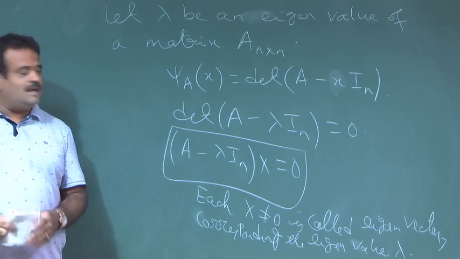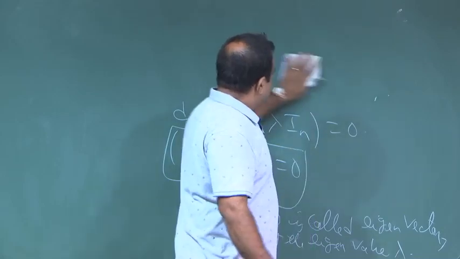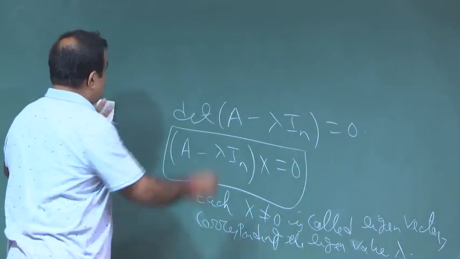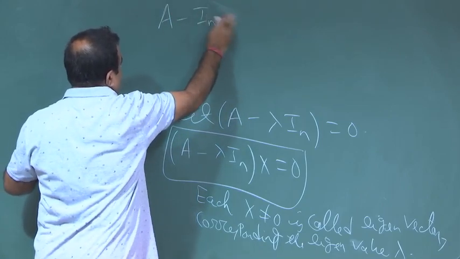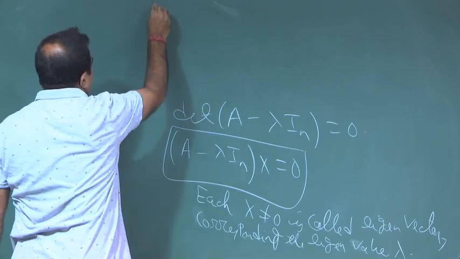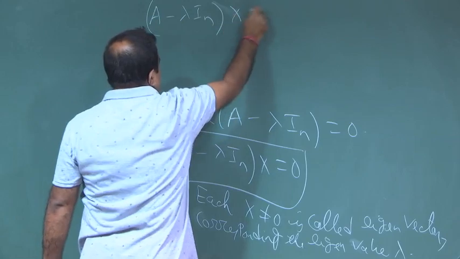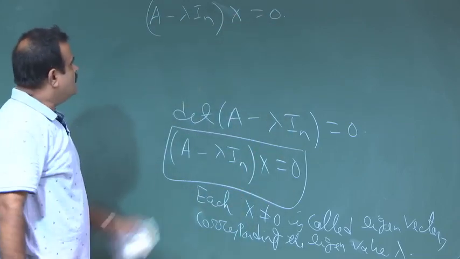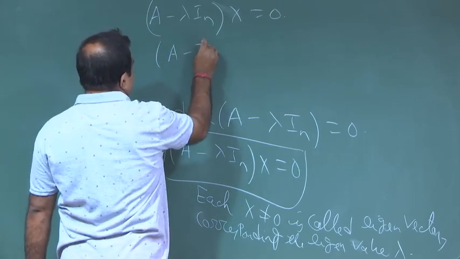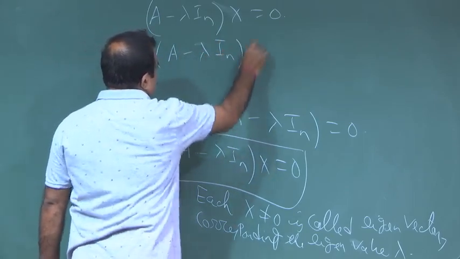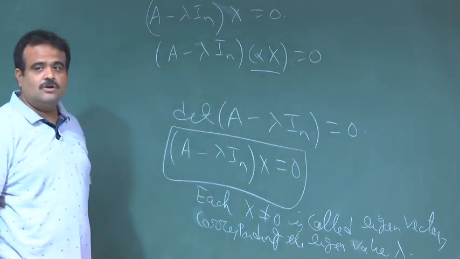Suppose x is an eigenvector, so (A minus lambda I n) x is 0. Then alpha x is also an eigenvector, because (A minus lambda I n) alpha x is 0, where alpha is a scalar and x is non-zero.